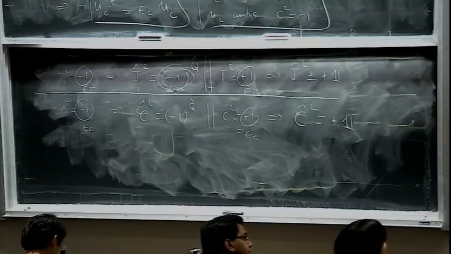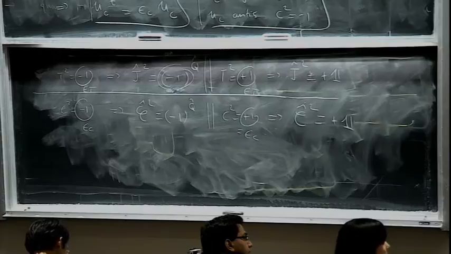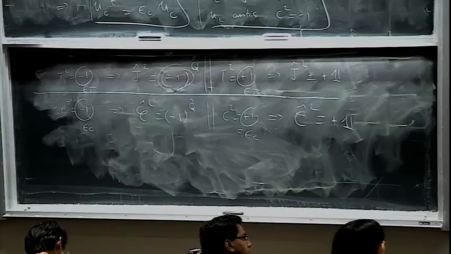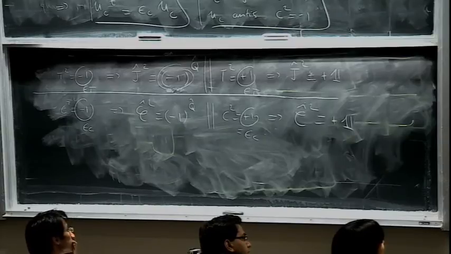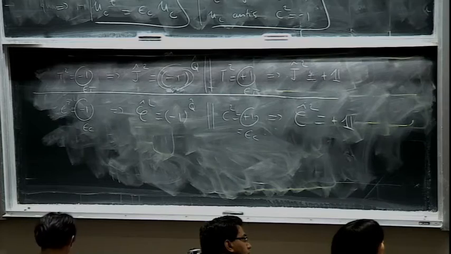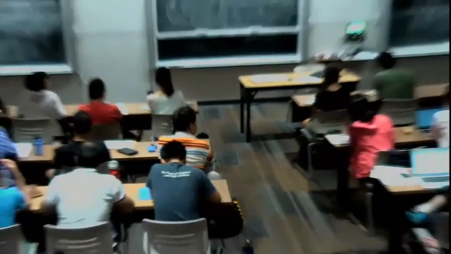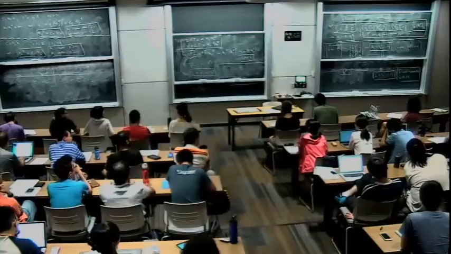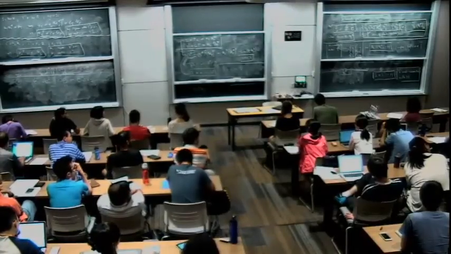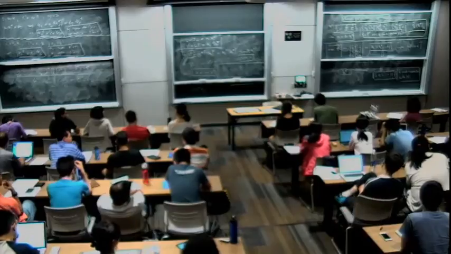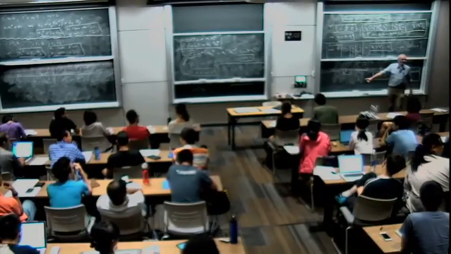C squared or T squared is (-1) to the Q, and Q just counts the number of fermions. It's defined with respect to the fermion Fock space. So the vacuum in Fock space has Q equals 0. And so for each fermion you add to the vacuum, you change the sign, right? So that's the definition. Well, yeah, the vacuum is the Fock vacuum, I guess, right?